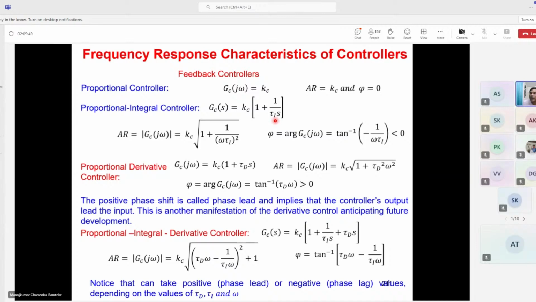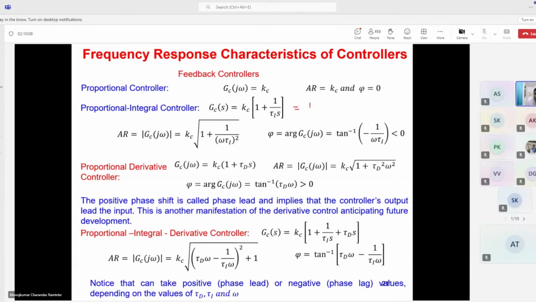Minus j divided by omega tau I, isn't it? That is the term I'm going to get. Yes or no? Yes, sir. Maybe I can do that. Just wait. So I can replace s by j omega.